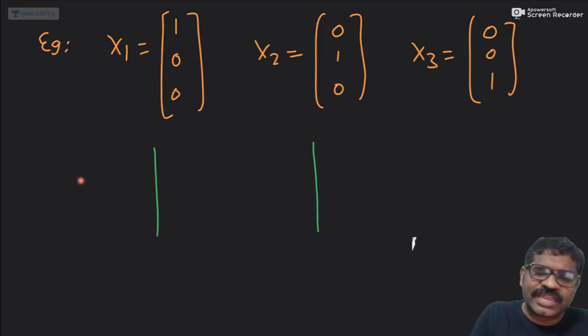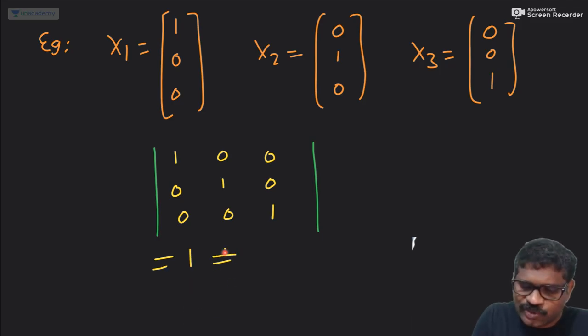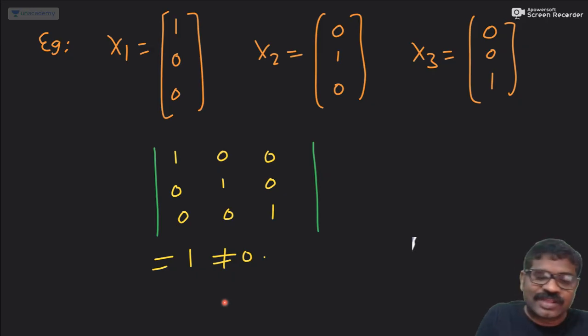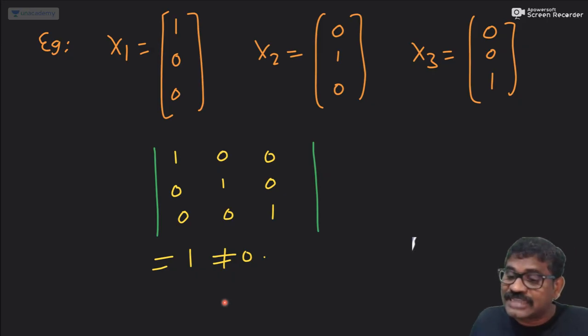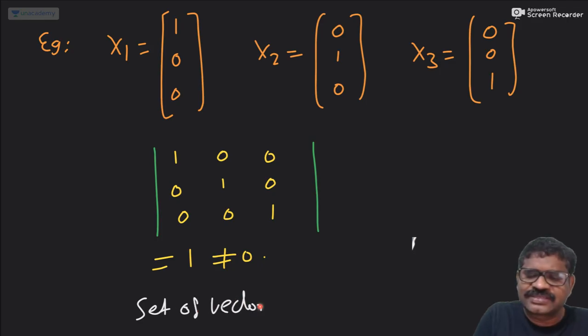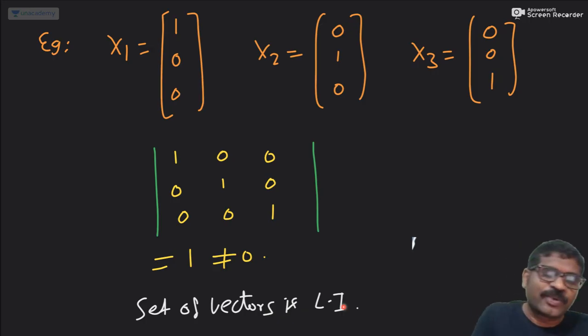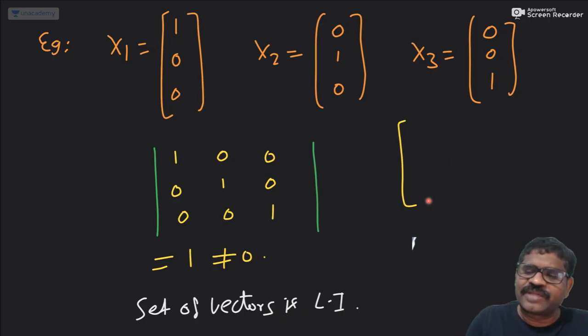If you arrange column wise 1, 0, 0, 0, 1, 0, 0, 0, 1, what is the determinant value? 1, non-zero. If determinant is non-zero, the set of vectors is linearly independent.